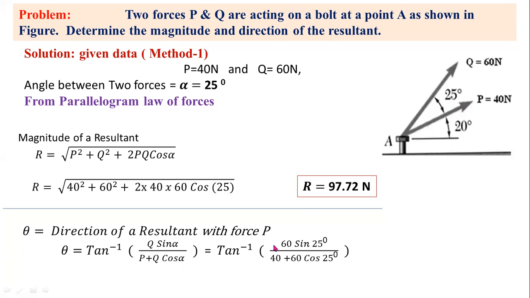So tan inverse of 60 sin 25 degrees divided by 40 plus 60 cos 25 degrees. From these values you can get theta equal to 15.04 degrees. This angle indicates the direction of the resultant with respect to the force P.